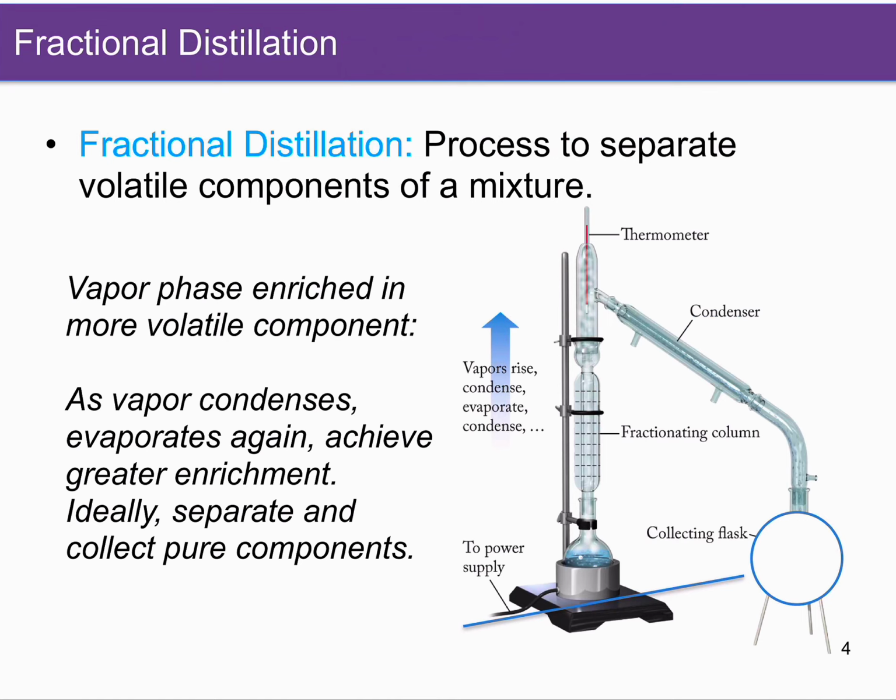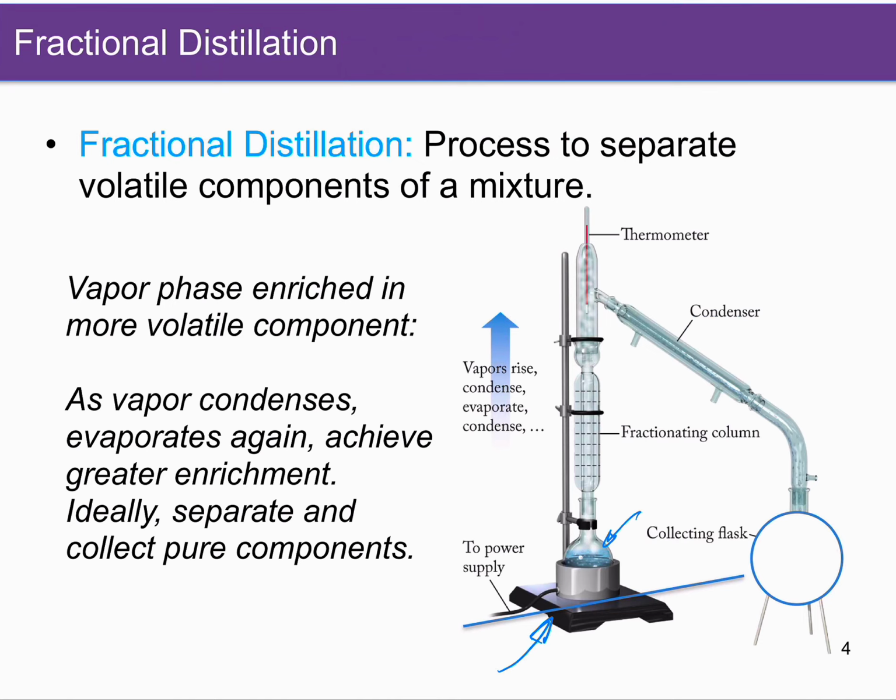Basically, the way it works is that the solution is heated up down here at the bottom, and the solution is inside this round bottom flask. There's an ethanol-water solution in there.